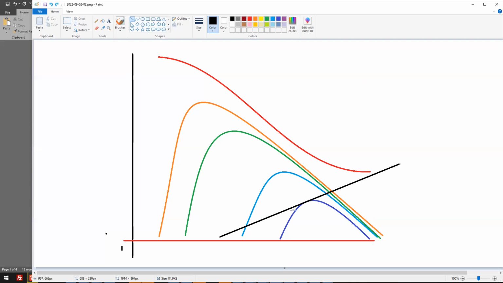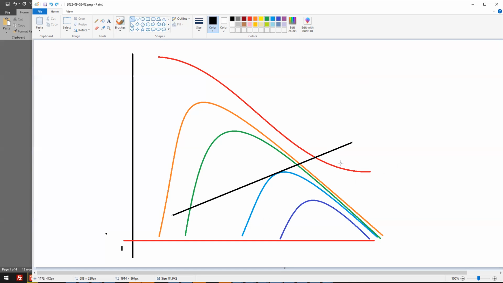All points to the left of this point are lower. All points to the right of this point are lower. So this is the point where we get the maximum rate. So we can mark a point here to say that's the maximum rate point. And the same applies here.